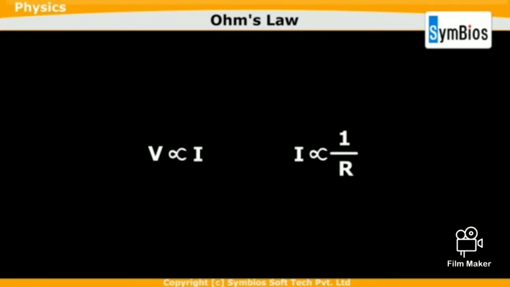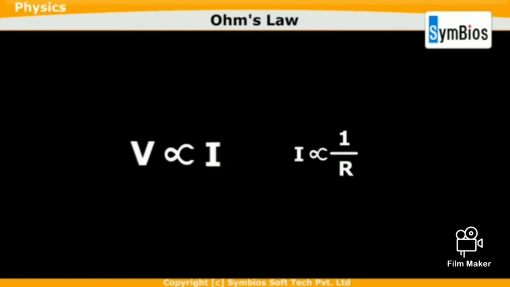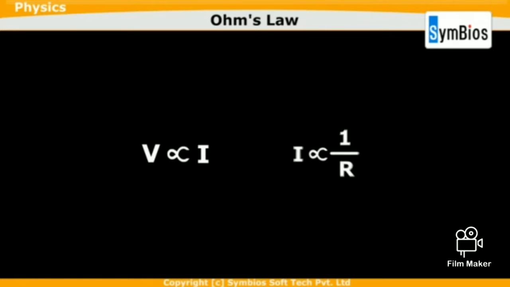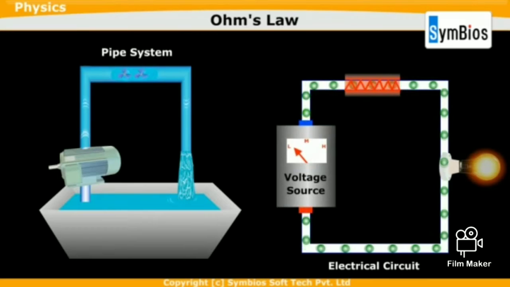Ohm's law gives us two important relationships. V is directly proportional to I, and I is inversely proportional to R. We will understand these relationships by comparing the flow of water in a pipe system with the flow of electric current in a circuit.